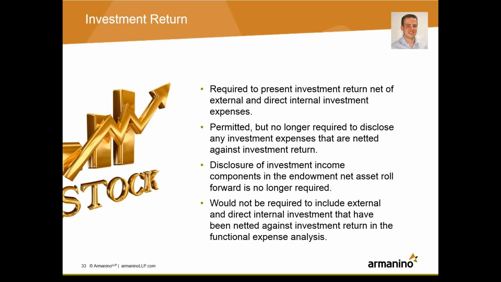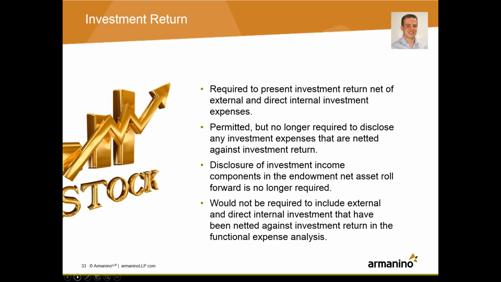Yeah, like Dean mentioned, if you have investments, there's going to be a little bit of change as far as how any expenses related to managing those investments are presented. Previously there was a lot of diversity in where organizations put those expenses. So the FASB is trying to make it consistent by requiring organizations to present the investment return net of any external or direct internal investment expenses on the statement of activities.